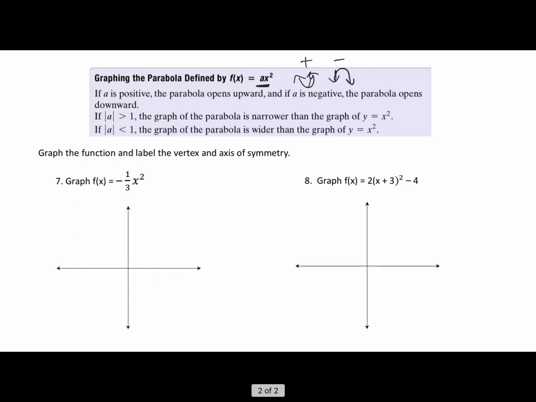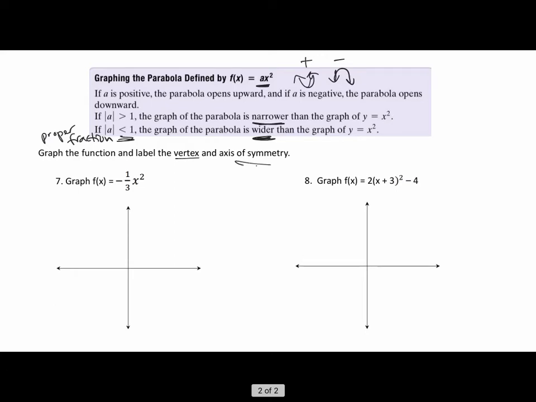So don't worry about the sign of a. It's the number that's important. So if that number is greater than 1, you're going to have a narrower graph. If that number is between 0 and 1, then you're going to have a wider graph, if it's a proper fraction.